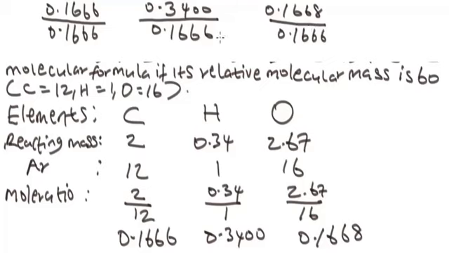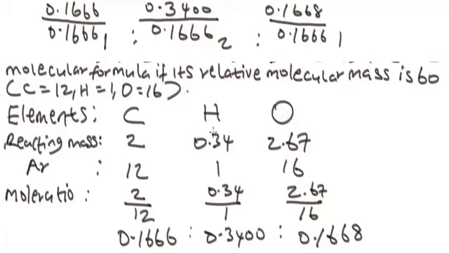Let me punch my calculator and get them respectively. The first one is 1, this one will give us 2, and this one will give us 1, so we have the ratio 1 to 2 to 1.